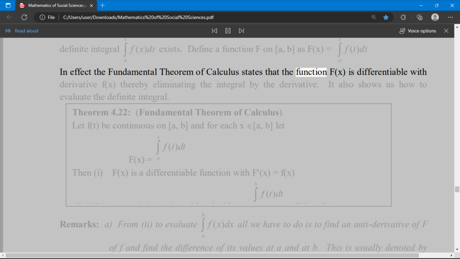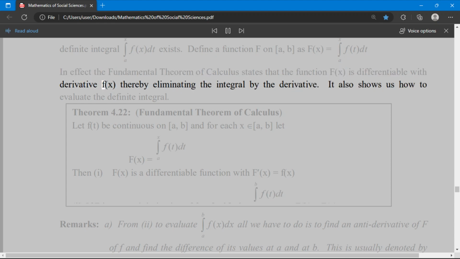In effect, the fundamental theorem of calculus states that the function F(x) is differentiable with derivative f(x), thereby eliminating the integral by the derivative. It also shows us how to evaluate the definite integral.